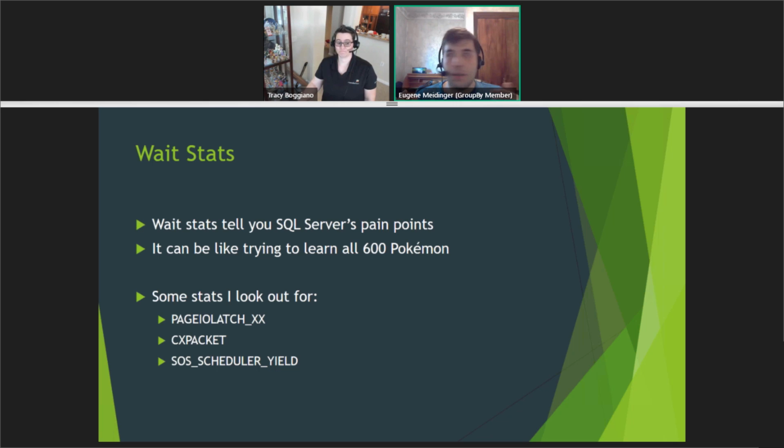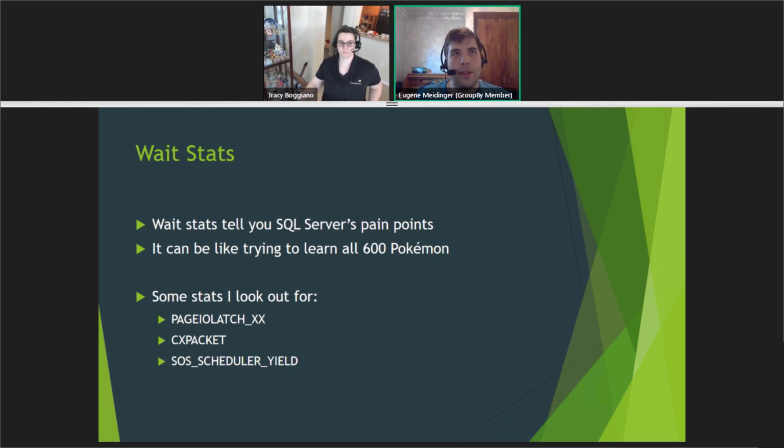The third one that I like to look for is SOS_SCHEDULER_YIELD. My understanding of this, and I don't understand Windows internals as well, is that SQL Server is this mini operating system, and it does its own scheduling internally. But occasionally, if it's taking too long on something or there's other stuff going on with the CPU, Windows has its own scheduling, and it says, you know what, you took too long. We're taking the CPU back. We're going to give it to Fred or whatever process you have on the Windows server.